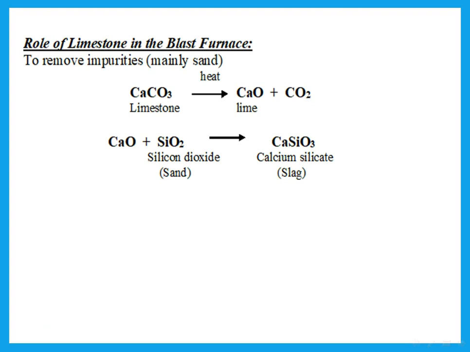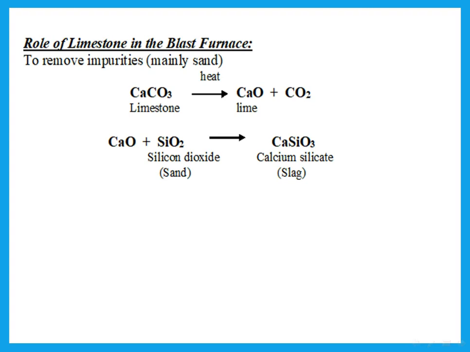Now, we also added limestone. You should know that limestone is calcium carbonate. The limestone breaks down in the heat of the furnace to form calcium oxide, and the carbon dioxide gas escapes. Now, the calcium oxide will react with the main impurity in the blast furnace, which is sand, which is silicon dioxide.